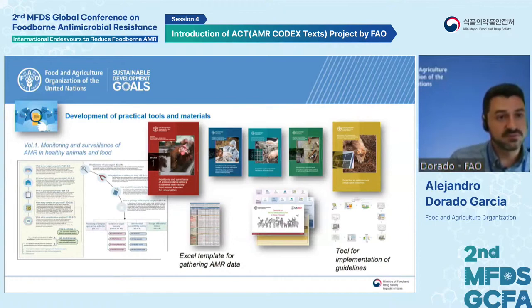We will build on this framework. For example, recently, in the region, they have an Excel template that has now been adapted and has been categorized according to the Codex text on integrated surveillance for foodborne AMR. So we are going to build on the initiatives that are existing, like these initiatives in Asia, also thanks to the support of this project.